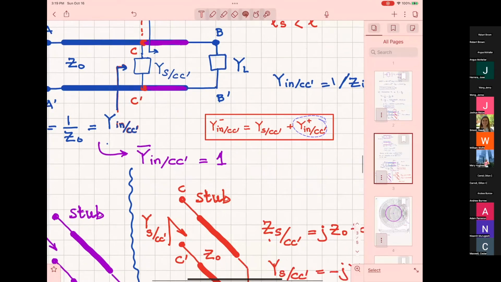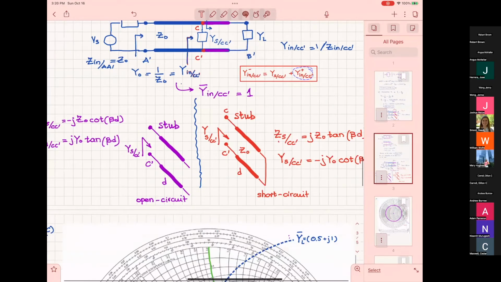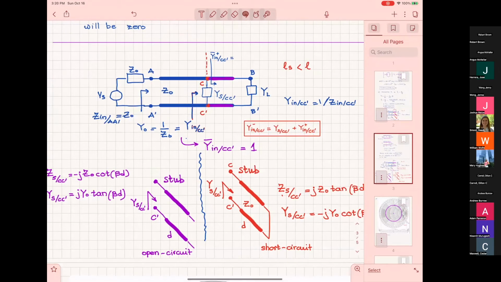Since I want this one here to be 1, normalized, I want, according to these two relationships, this one to be Y naught.